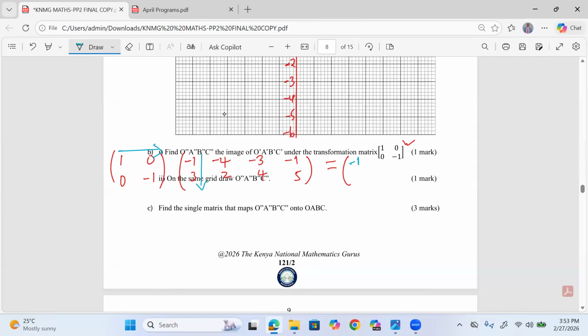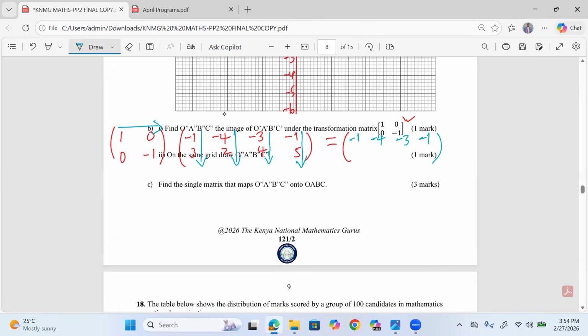And when you multiply 0 and 3, you get a 0. So when you add, you still get the -1. We go to the next column, whereby it should be 1 by -4, we get -4. 0 by 2, you get a 0. And you add, you get -4. The next should be the same row by the next column. 1 by -3, we get -3. And you just write your -3 because 0 by 4 becomes a 0 and you add. And the last column here to be 1 by -1, you get a -1. Then 0 by 5, it becomes a 0.